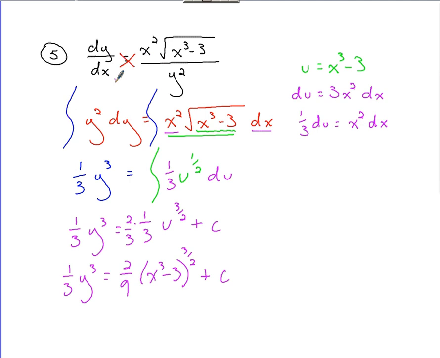And if you multiplied everything by 9, then over here, multiplying by 9 would be 3y cubed. Over here it'd be 2, because the 9 would cancel out, times the quantity x cubed minus 3, raised to 3/2. And then you're multiplying the constant by 3, but you're still getting a constant, so we're going to use c still. Ideally, either of these would be acceptable answers.